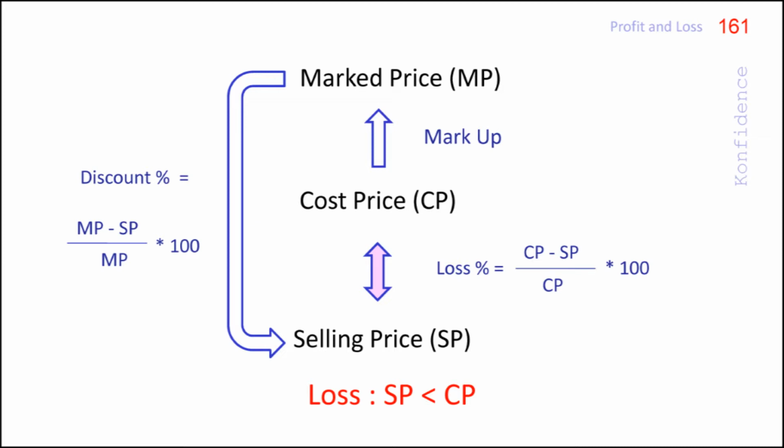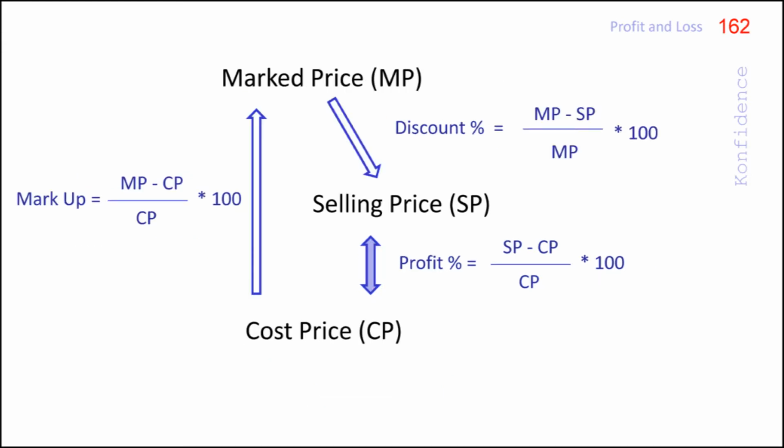Usually, in business transactions, the marked price is kept higher than the cost price. The difference between marked price and the cost price is called the markup. When markup is mentioned in percentage terms, usually cost price is taken as the base because the marking up is happening from the level of the cost price.